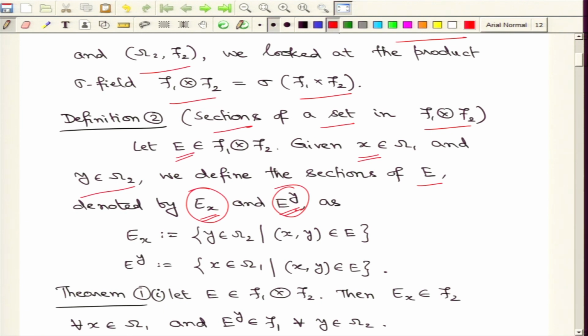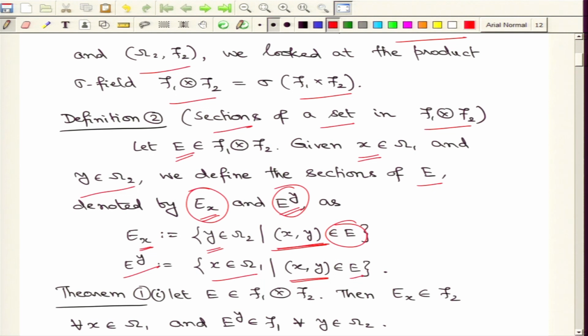By fixing the first point x, we are asking what are the points y such that the pair x comma y belongs to E. So, we are looking at all possible y such that the pair x comma y is in the set E. Similarly, if you look at the point y coming from the second set, you can define another such section. Here we will vary the points in the first set, and then we will look at whether the points x comma y are in the set E.